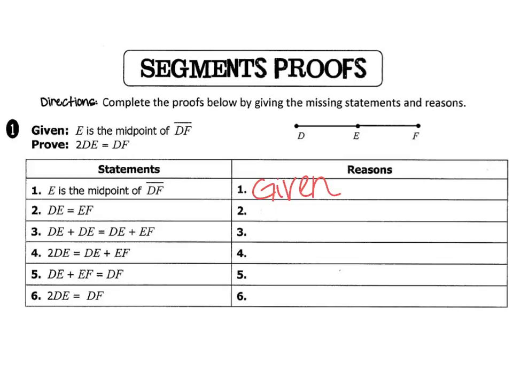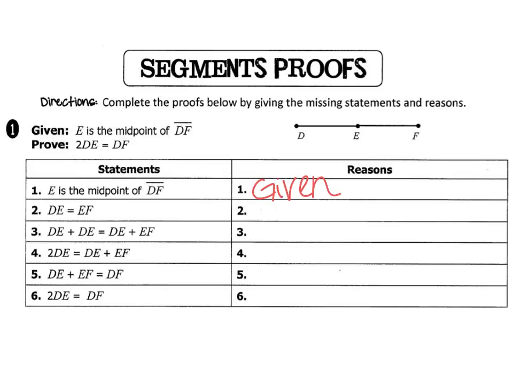Then, we want to think about what is our end goal. Our end goal is going to be that 2 times the measure of DE equals DF. So that's obviously going to be our last step. And then all the statements in between are, how did we get there? The next thing that we can say is that the measure of DE is equal to the measure of EF.